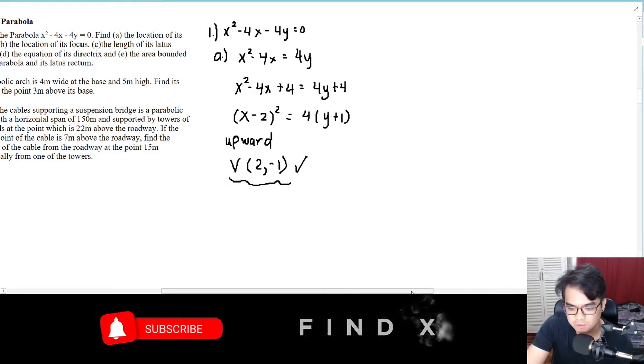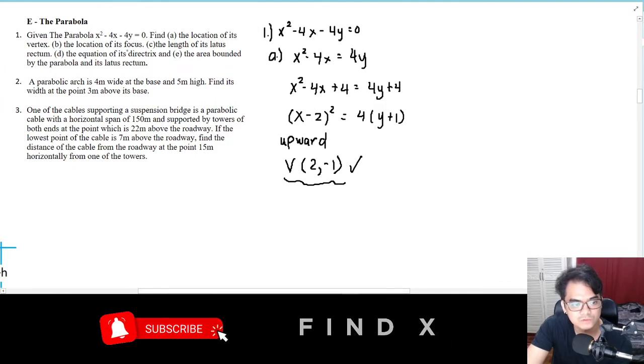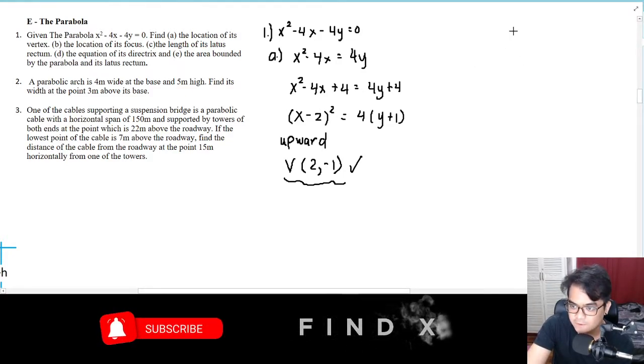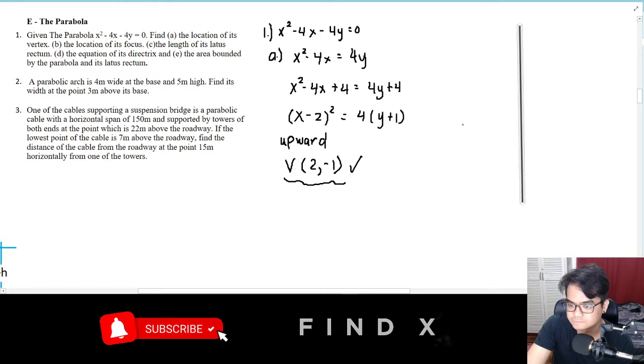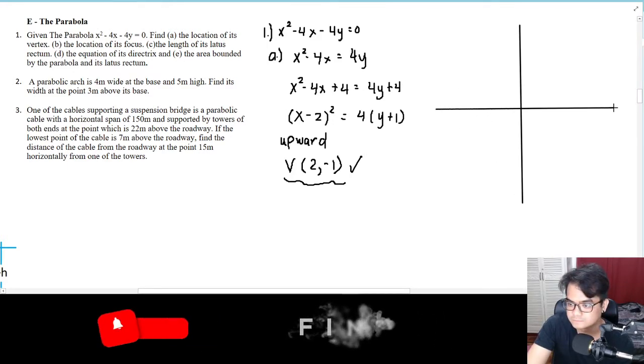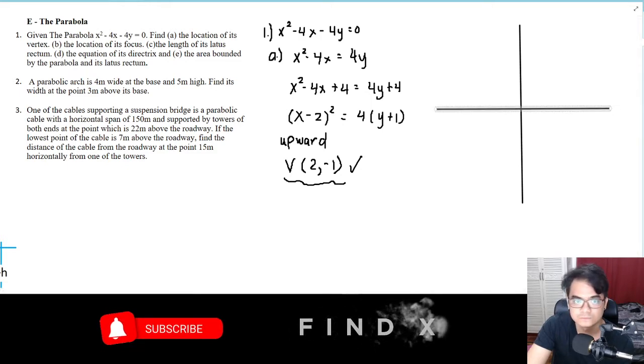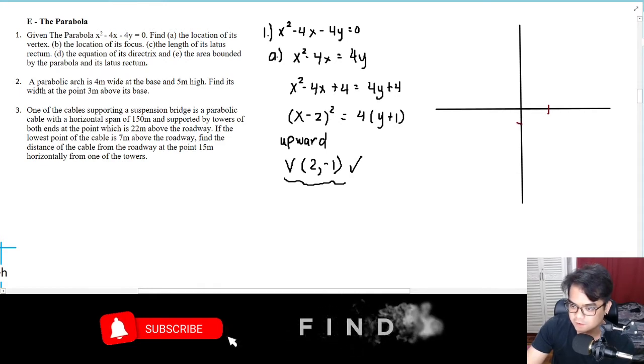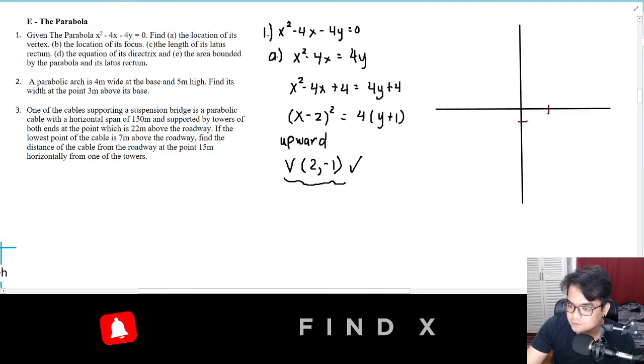What else is the question? So the location of its focus. So let's try to graph this one. Let's graph. So that's 2, 1. So let's say this is 2 and negative 1. Okay, so let's say that this is negative 1.